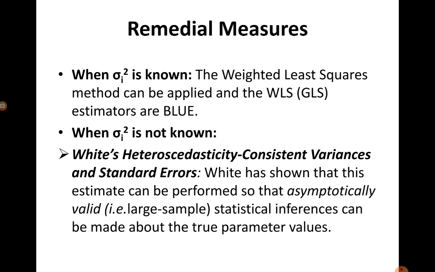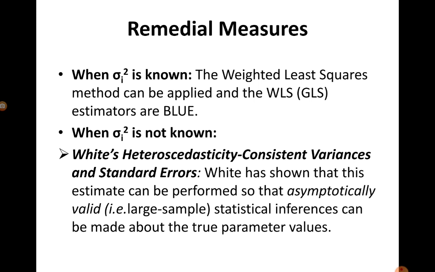And now we come to the final part where we look at remedial measures. What can be done, and how can we estimate a sample regression function which will help us locate the population regression function in the presence of heteroscedasticity? As you can see in the slide, there can be two possible alternatives.